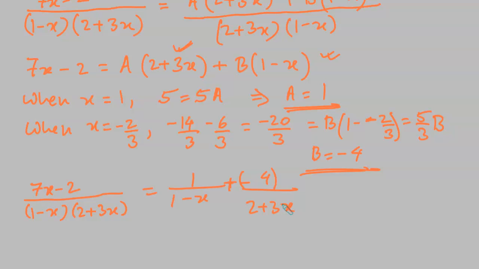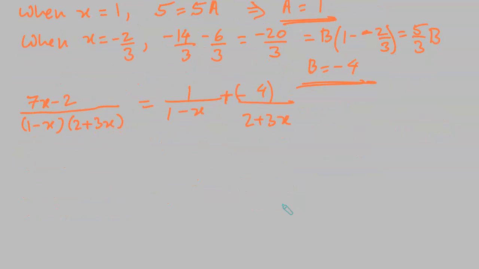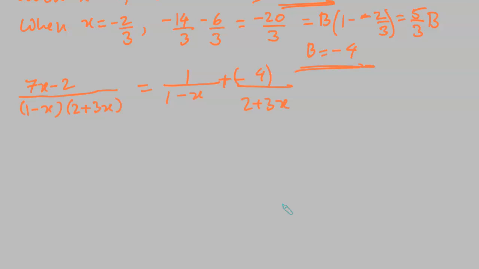We have to get the first three terms. So let us take up the first one. It is 1 minus x to the power of negative 1. So this will be equal to 1. The first term will be obviously equal to 1.